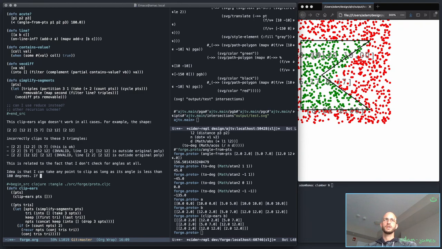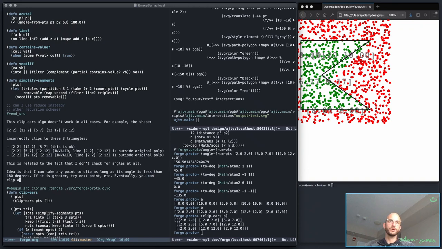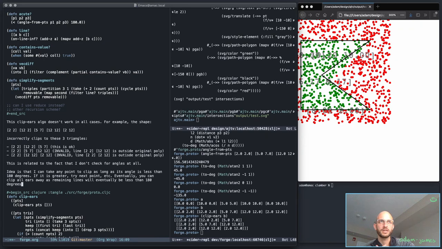If it is greater, try the next point, etc. Eventually, you can clip all ears away, as the remaining lines will eventually be less than 180 degrees. I think that makes sense.